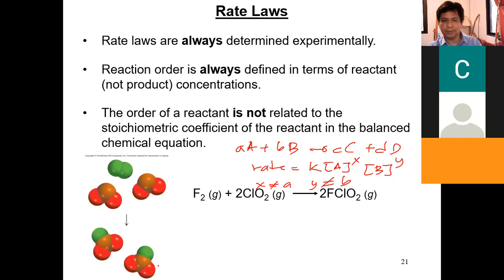Tama ba? Or you have a better name for this compound? Questions? Okay, so the rate is k F2 ClO2. So notice that even though the stoichiometric coefficient with respect to chlorine dioxide is 2, yung order niya with respect to ClO2 is just 1. Hindi equal, diba? They are not equal.